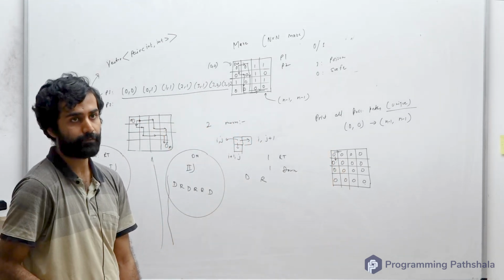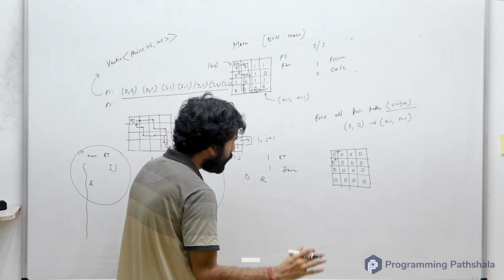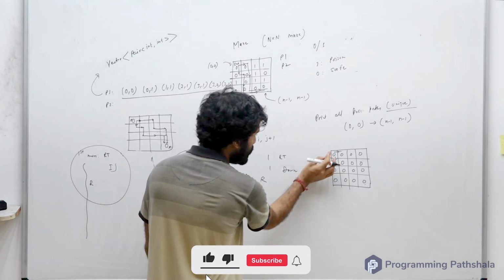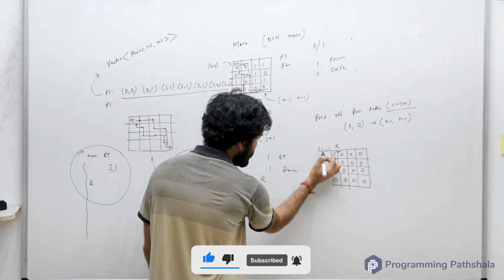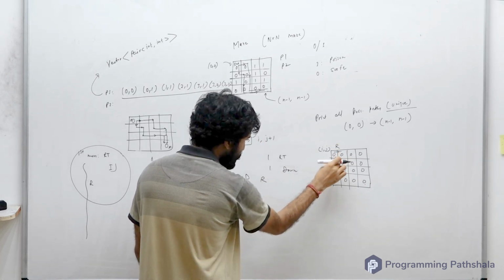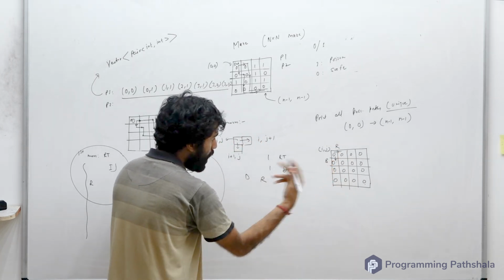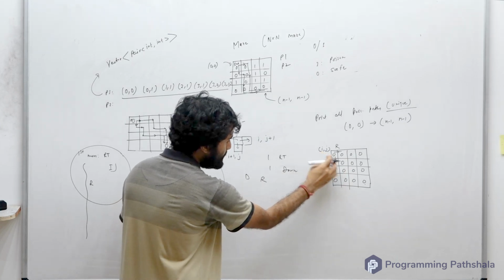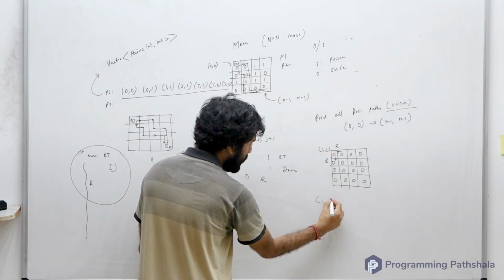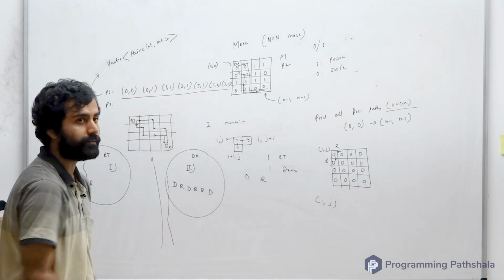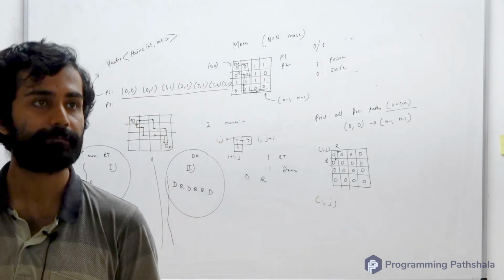Can I say one thing for sure, that no matter whether you have taken your first move as right move from cell i comma j, or you have taken your first move as bottom move, all the paths that reach from i j till here will definitely contain i comma j in the sequence of coordinates. Can I say it? Right?